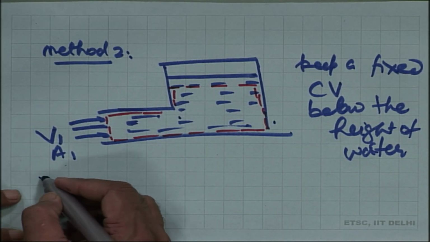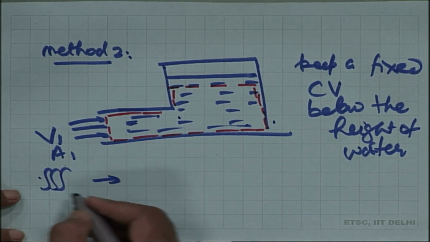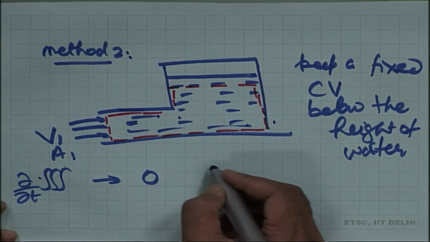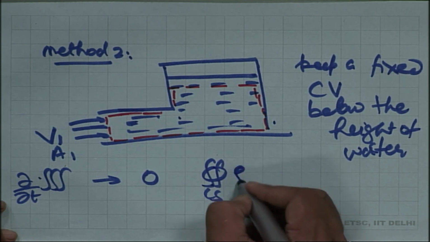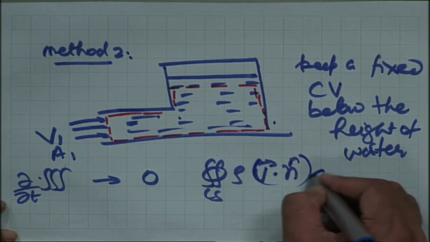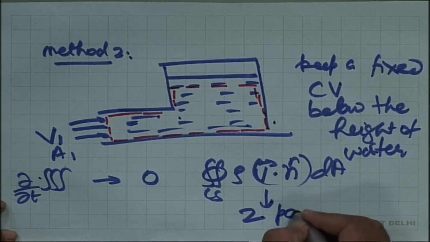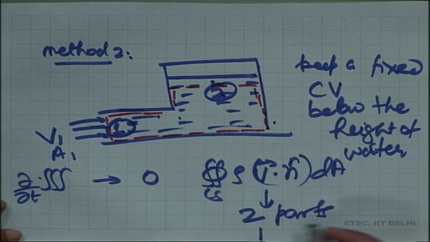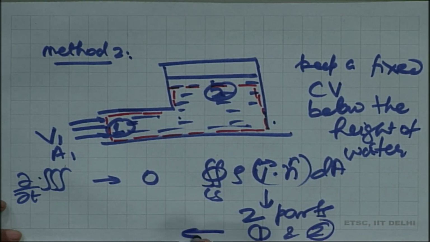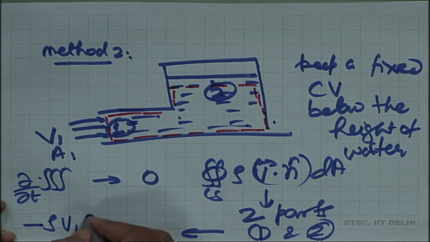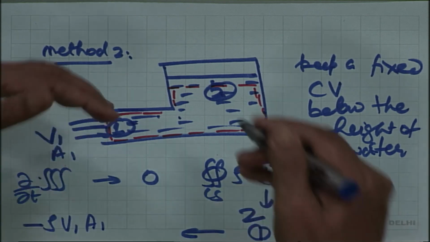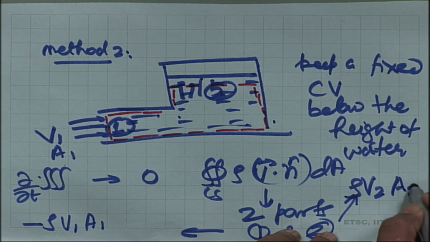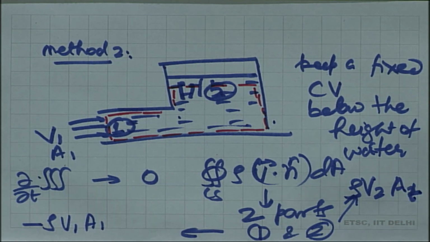So, in this fixed control volume, the volume integral term d by dt will be 0. But now, on the surface term, the integral over CS of rho v dot n dA, there will be two parts, from 1 and from 2. The part from 1 will be minus rho V 1 A 1, and the part from 2, where the fluid is going up, will be rho V 2 times A 2, and A 2 is A tank.